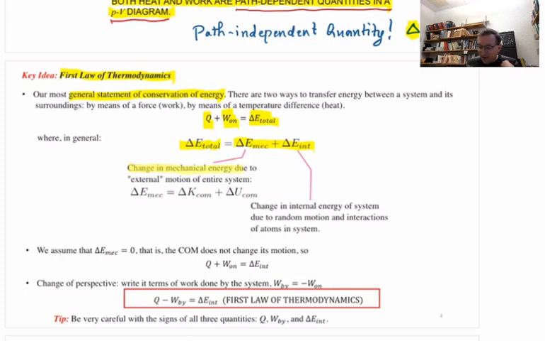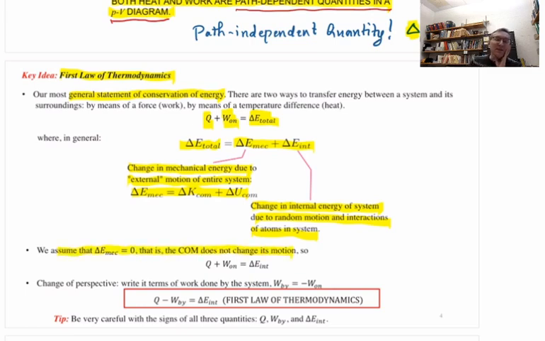Change in the mechanical energy is due to what you might call the external motion of the entire system, and it will correspond to some delta K from the motion of the center of mass, plus delta U from the motion of the center of mass. Then the delta E internal will be the change in the internal energy of the system. That's what's happening inside, due to the random motion and the interaction of the atoms inside the system. It's purely convenient to break it up like that. But here's what we're going to assume in this chapter.